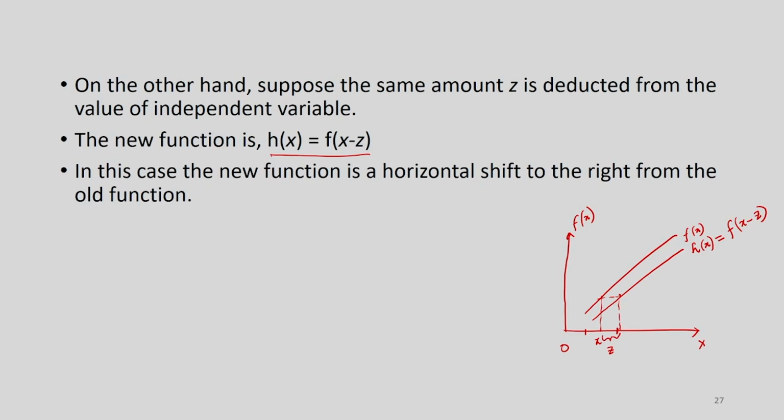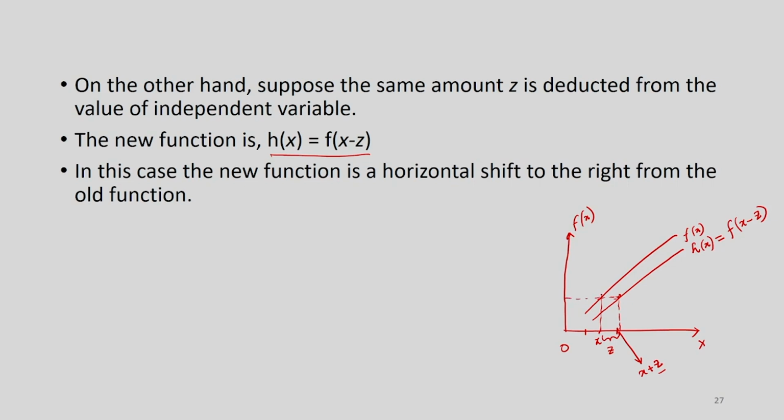You can see it from here itself, that here if I take x plus z, I get this value, okay, and what is the corresponding value of h? It is this, and from this if I just deduct z, I get x, and from that if I go to f x, I get the same value. Okay.